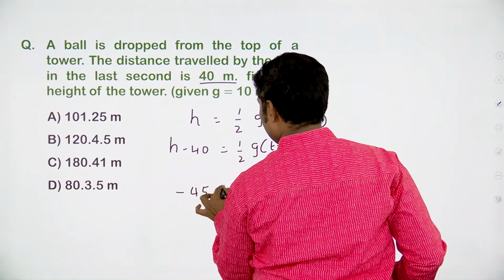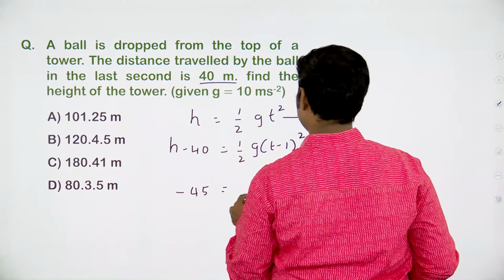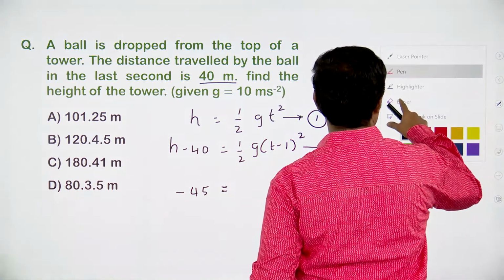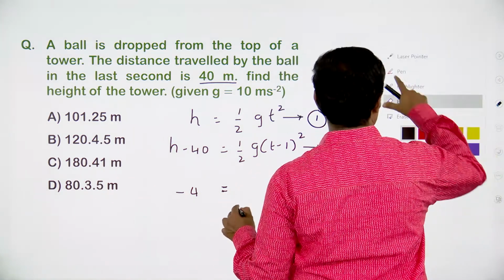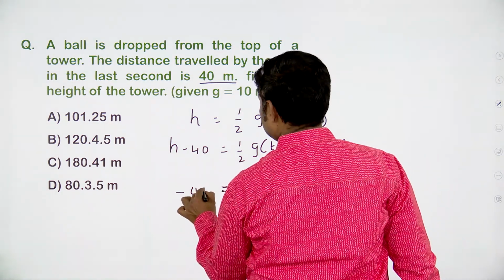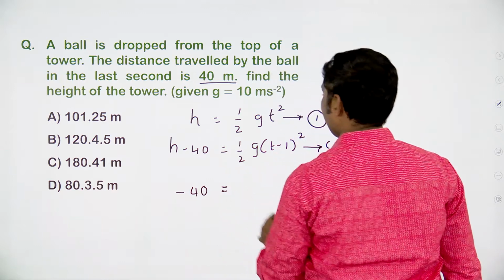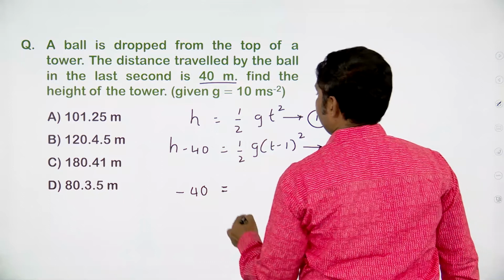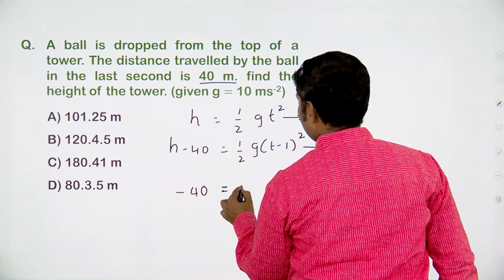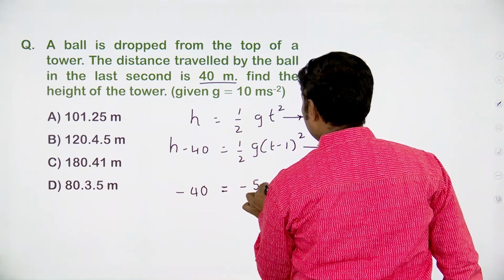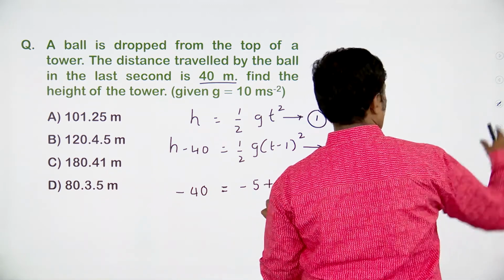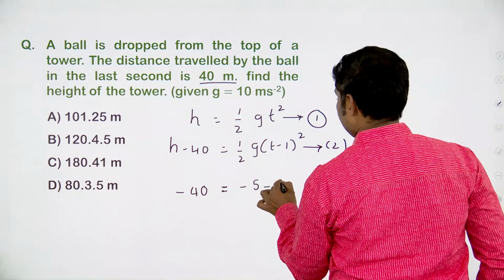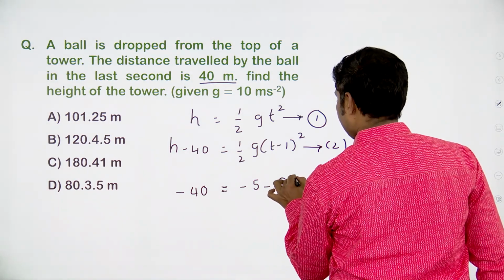Subtracting, minus 45 is equal to minus 5 into, you will get minus g t.